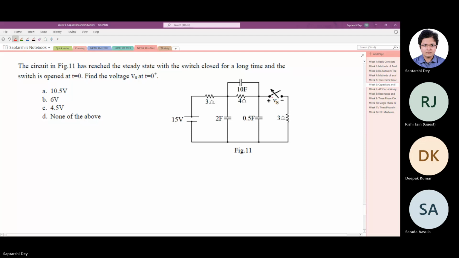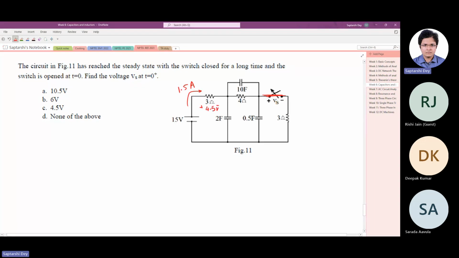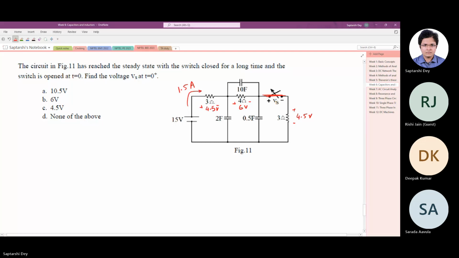So 1.5 ampere current was causing a drop of 4.5 volt, 6 volt, 4.5 volt. You add them up, it is 15. So this was the current at steady state. Now look at the voltage.